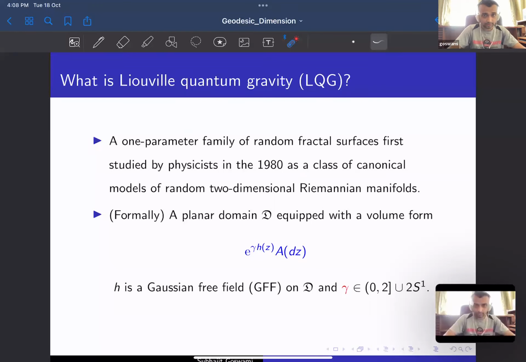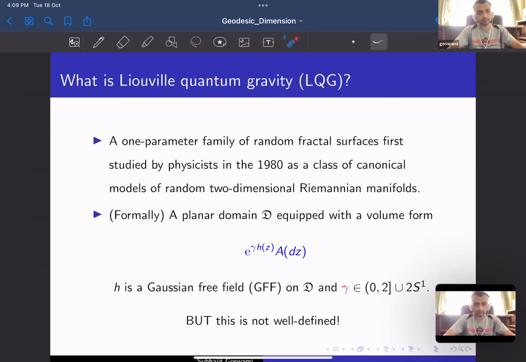So that's great. And what have mathematicians, in particular probabilists, got to do with it? Well, the thing is that this is not well defined. Why? Because h is not a function. Forget about a continuous function, it's a random Schwartz distribution.